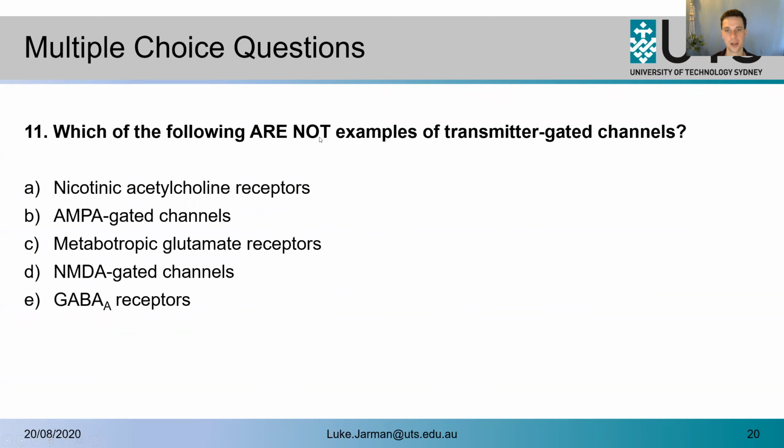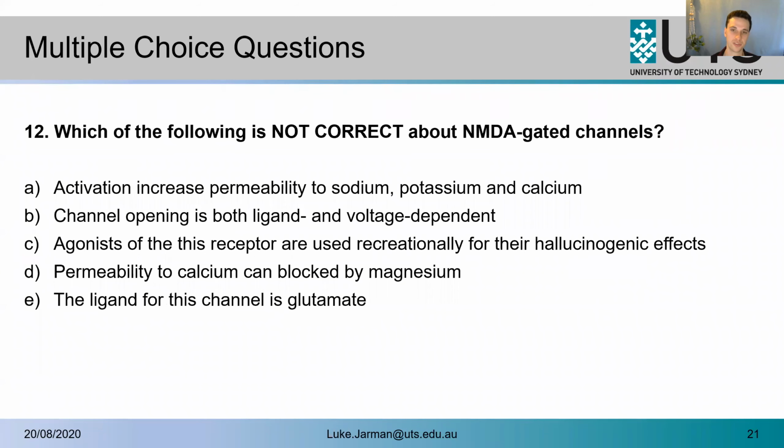Question 11, which of the following are not examples of transmitter-gated channels? So all of these are ionotropic receptors except for C. Moving on, which of the following is not correct about NMDA-gated channels?